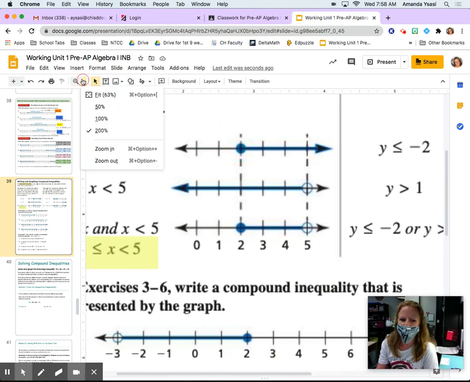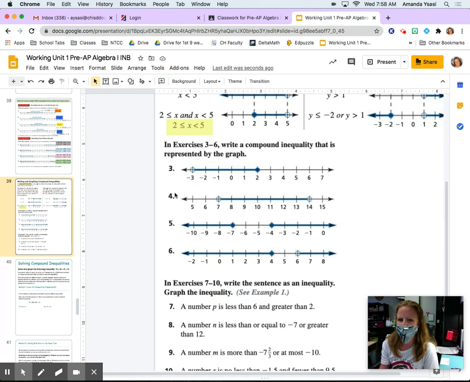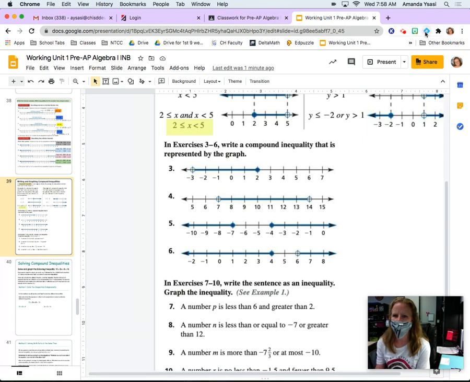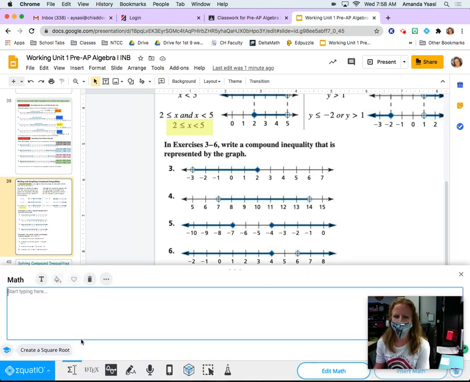Okay, so let's go down to 3 through 6. Write the compound inequality that's represented by the graph. So we are going to have to use Equatio. And we are going to put x in the middle of the two numbers.